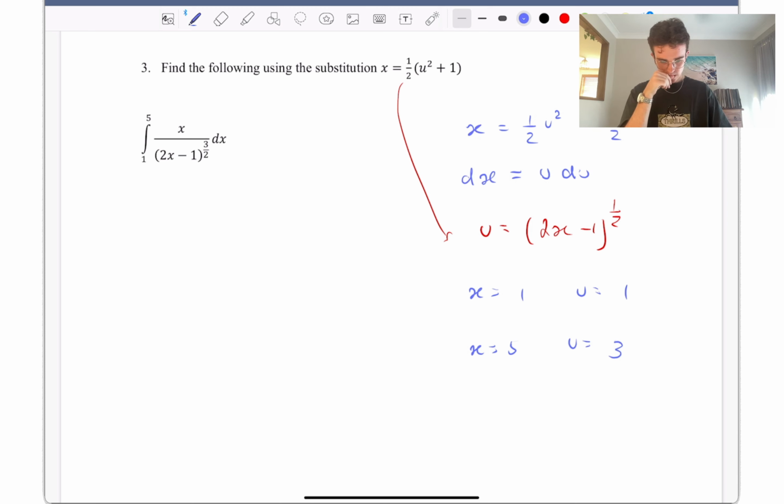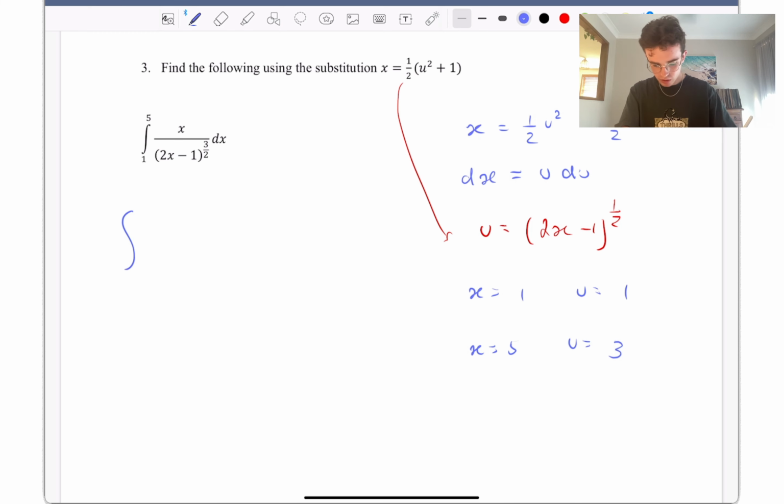Okay. So what we're going to do here is substitute this into our expression. We know that x is a half u squared plus a half. Let's substitute that in.